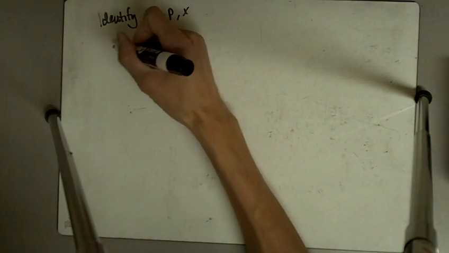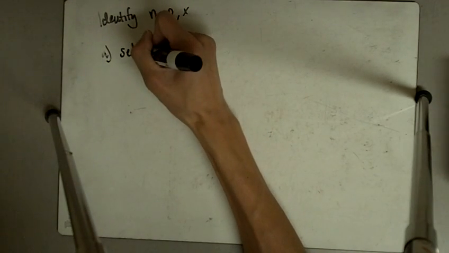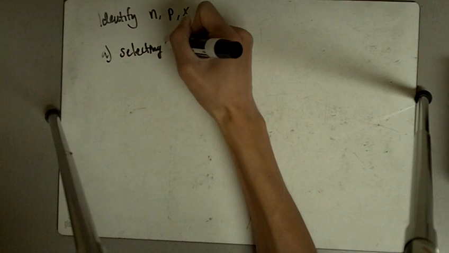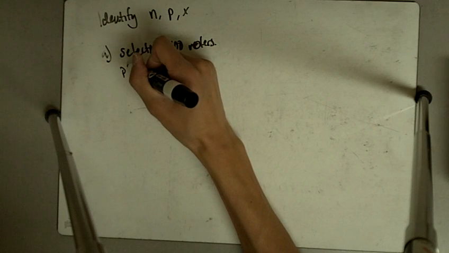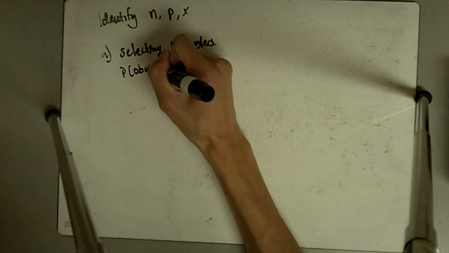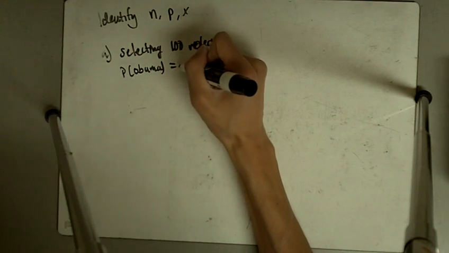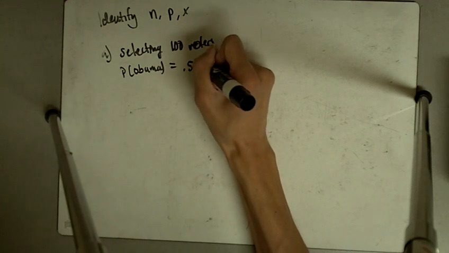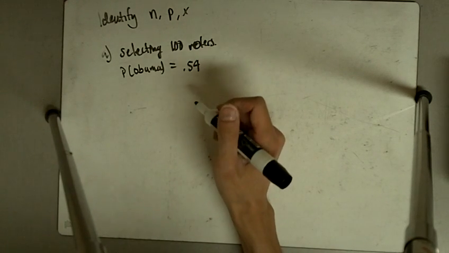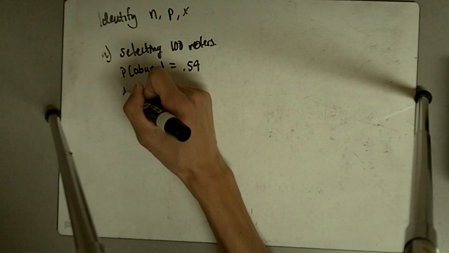Okay, so here we're selecting 100 voters. And the probability that any one voter voted for Obama is 54%. And we want to know what's the probability of getting 65.